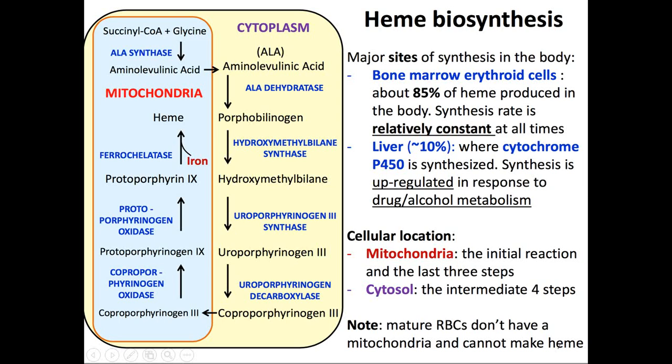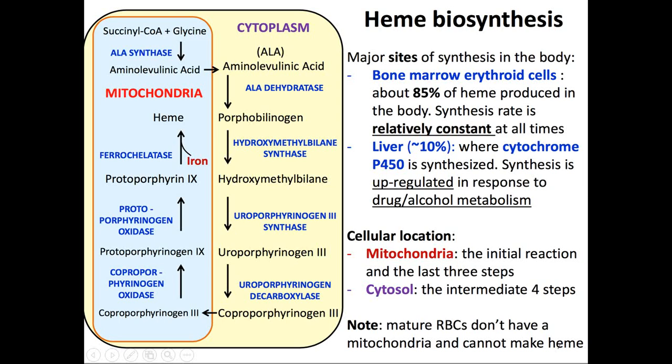delta aminolevulinic acid. Once this delta aminolevulinic acid is formed in the mitochondria, it goes into the cytoplasm. Then in the cytoplasm, this ALA or aminolevulinic acid is changed into porphobilinogen by the enzyme dehydratase.